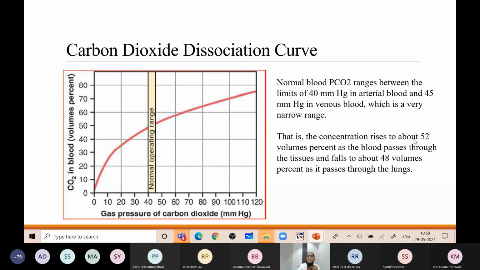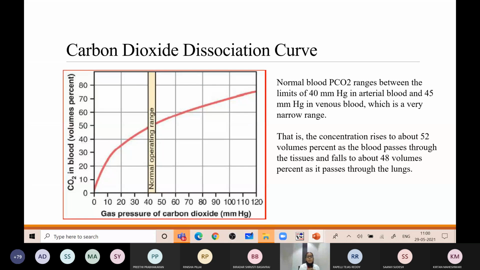So in tissue, around 45 mm of Hg, the carbon dioxide in the blood is around 52. Whereas in the lung it is 40 mm of Hg, then carbon dioxide in the blood will be around 48.